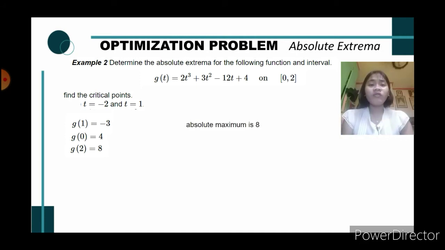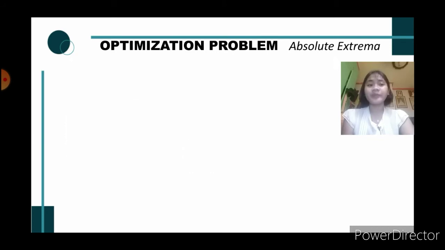From this list of values, we see that the absolute maximum is 8 and will occur at t is equal to 2. And the absolute minimum is negative 3, which occurs at t is equal to positive 1.